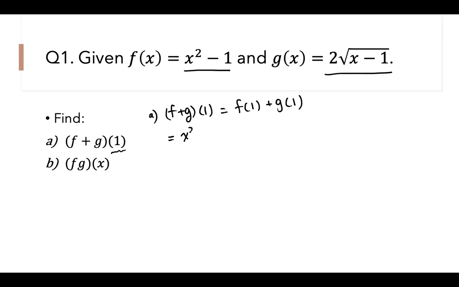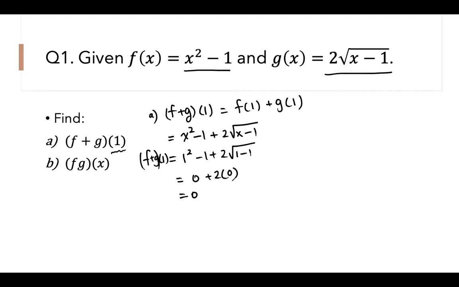So I'm going to put them together, f of x plus g of x, and then let's plug in 1. So 1 squared minus 1, this is 0, plus 2 times 0, so the answer is 0. So the combination of f plus g at x equals 1 is 0.